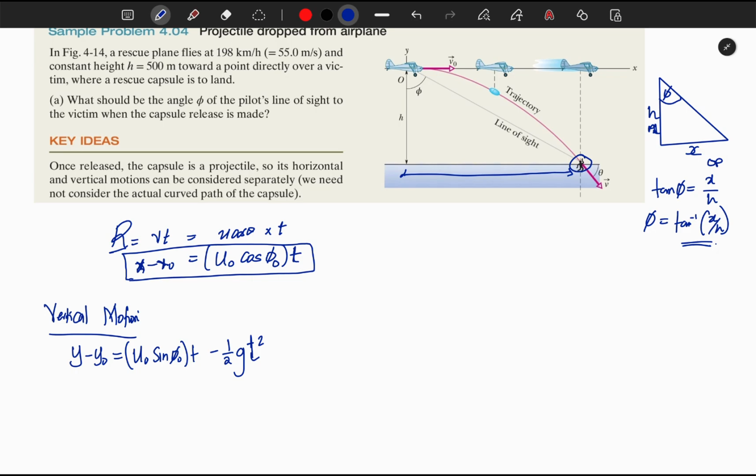You recall this equation, isn't it? One of the equations of motion. I've just replaced velocity with this because it is in the y direction. You get the concept, so we get the sine component of that.